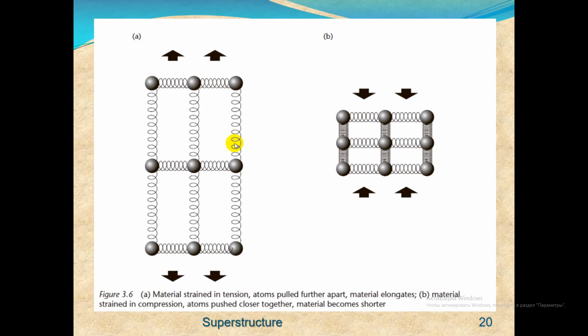The same thing happens in reverse if we apply a compressive load. In this case, we work with the forces of attraction and against the force of repulsion. And so we get a temporary elastic compression. When we release our applied load, the forces of repulsion push the atoms back to their original spacing.